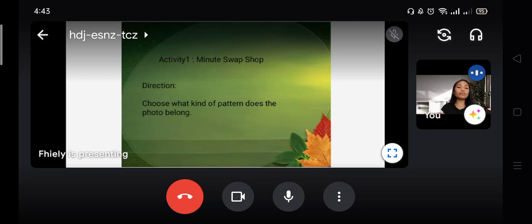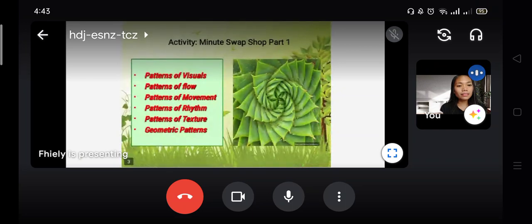Are you ready? Let's start now. For the first photo, you just have to choose whether it is patterns of visual or flow, patterns of movement, rhythm, texture, or geometric patterns.